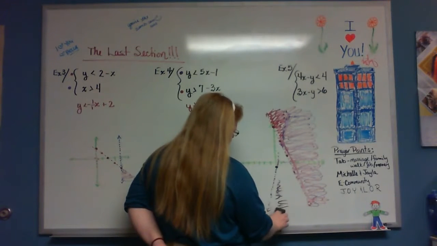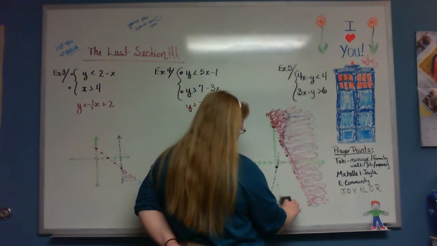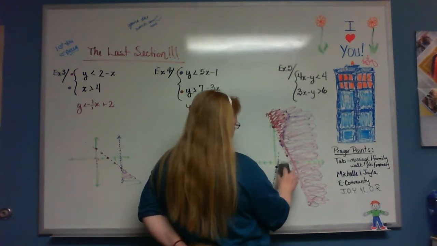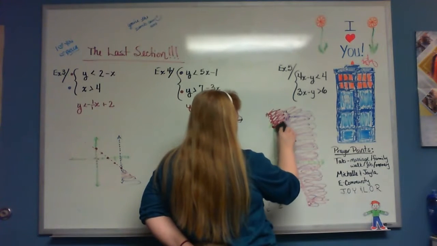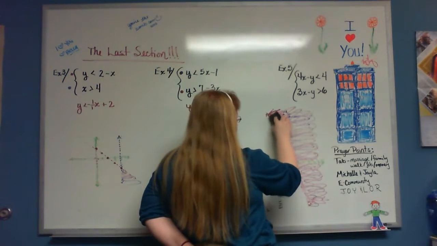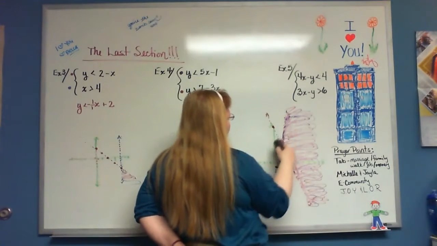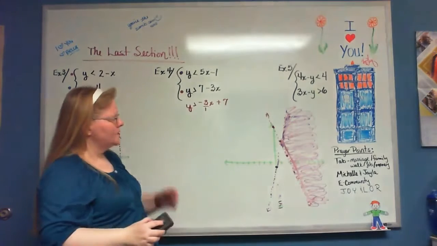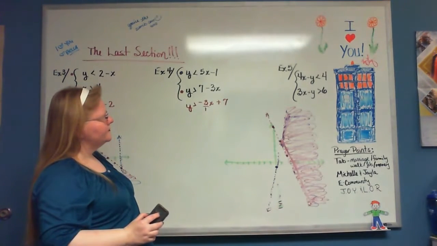I told you to try to leave the lines in there so that I could tell where they were. And then this one only got shaded one time. I mean, it was good shaded, but it was only shaded once. So that's what our answer looks like.